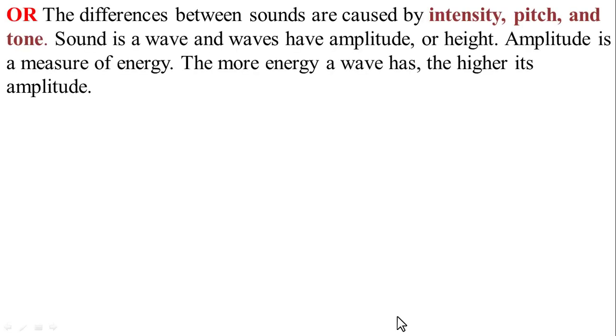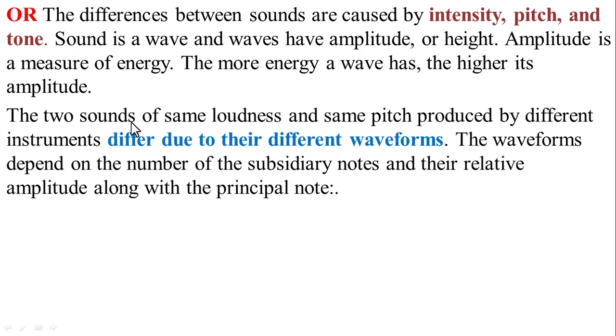Now we can also give another answer: the differences between sounds are caused by intensity, pitch and tone. Sound is a wave, and a wave has an amplitude or height. That amplitude is a measure of energy. The more energy a wave has, the higher its amplitude.